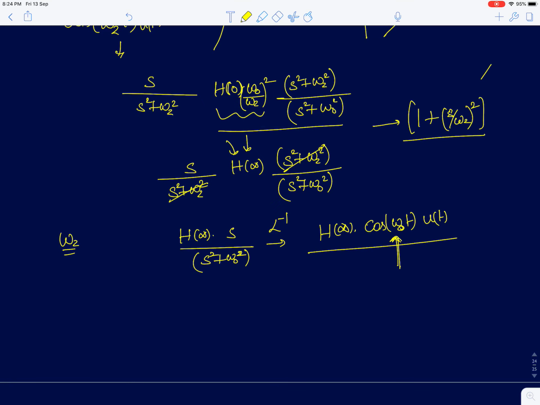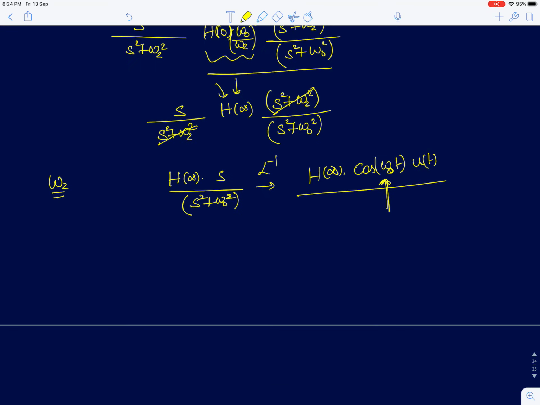You need active circuits to realize a system of this type. So this is one interesting example where we got an output whose frequency was omega naught, but the input frequency, I'll call it omega A, was omega z.